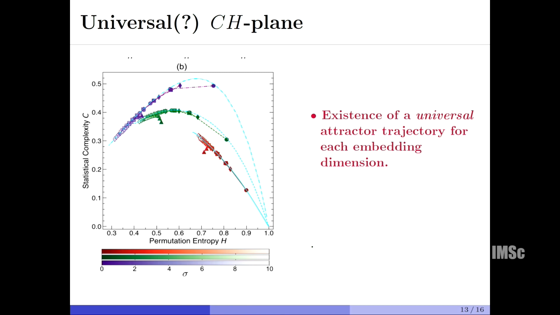There seems to exist such a trajectory, which is specific to each embedding dimension, and they all get attracted towards that.